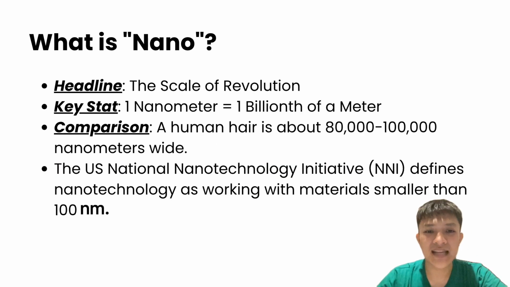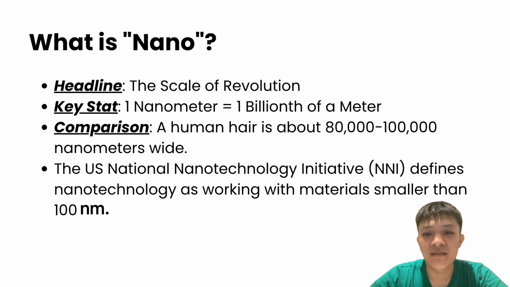Now, what exactly does nano mean? The word nano comes from the Greek word nanos, meaning dwarf. In measurement terms, 1 nanometer is 1 billionth of a meter. To give you an idea of how small that is, a single strand of human hair is about 80,000 to 100,000 nanometers wide.